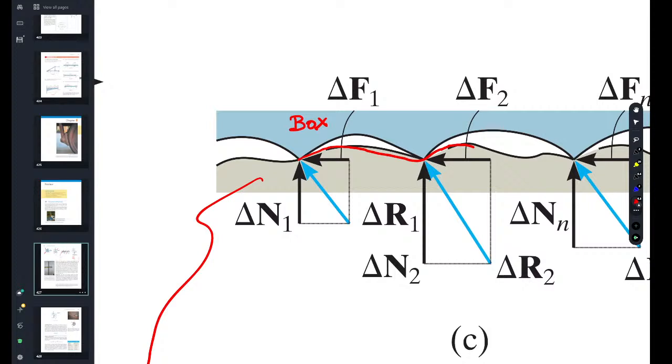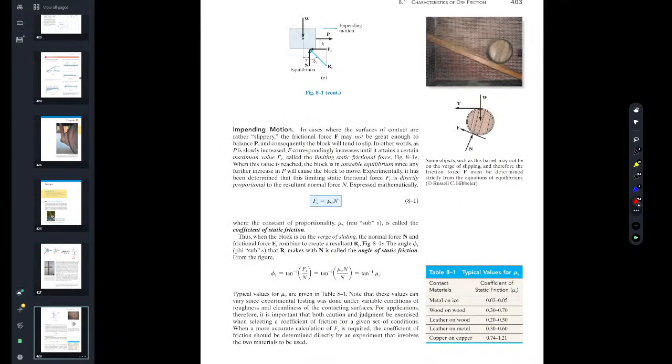This is something called dry friction, and through a series of experiments they've determined, and you can do these experiments as well, that dry friction is proportional to the weight of the object.